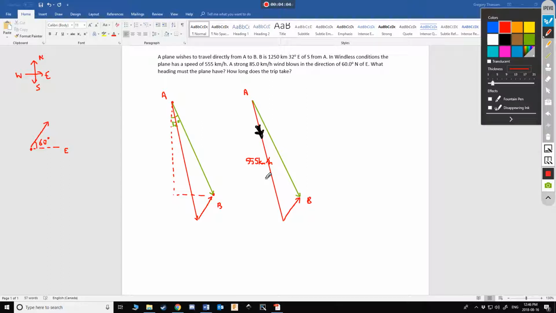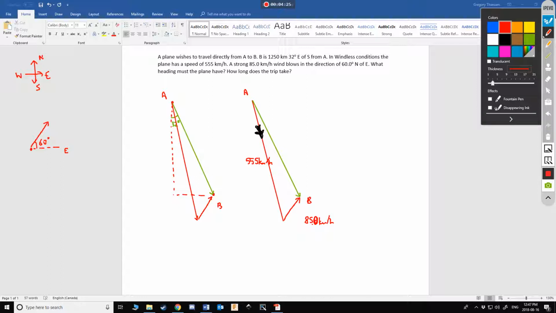The wind has a speed of 85 kilometers per hour. I'm going to draw it off to the side because it's going to get a little busy. 85.0 kilometers per hour. So that's that vector right here.